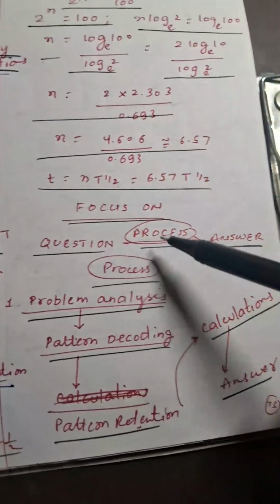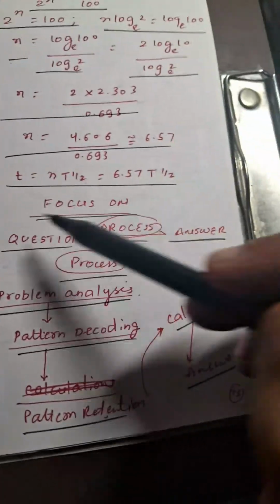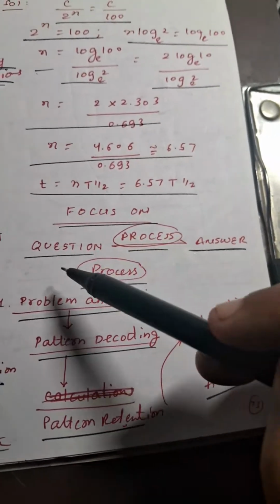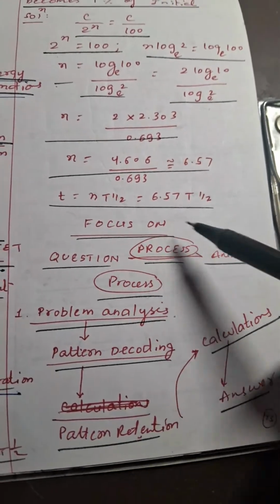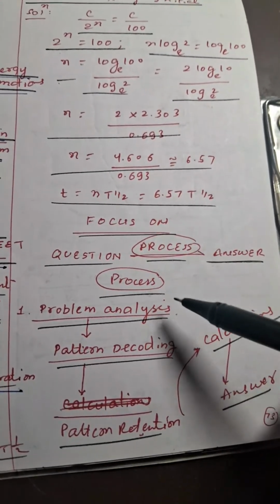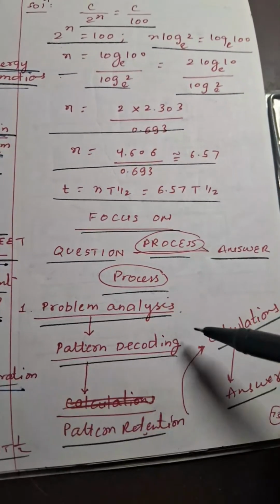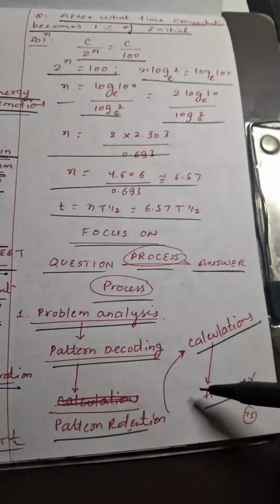So here, let's conclude things in a nutshell. You just need to focus on the process when you move from question to answer. This process is the key to success in JEE NEET, and it involves problem analysis, then problem decoding, then pattern retention, then calculations, and finally the answer.